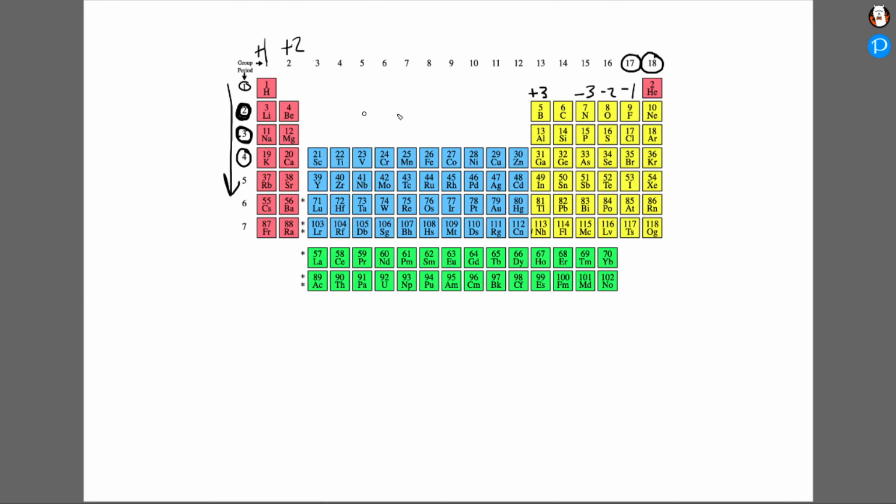But the difference is, as we move across, we're going to add more and more protons, more of that attractive force. So out of those three, boron is going to have the tightest hold on its valence electrons.